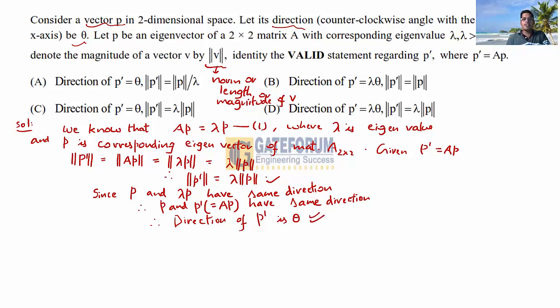This is the second one, and this is the first one. Combining these two, the magnitude of P dash is lambda times the magnitude of P, and the direction of P dash is theta. Which option is suitable? Accordingly, the answer is option C. This is the end of the question.